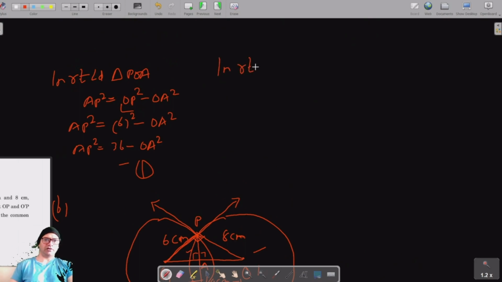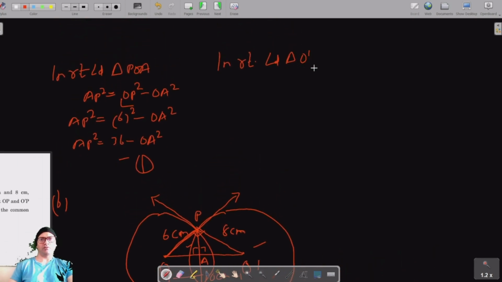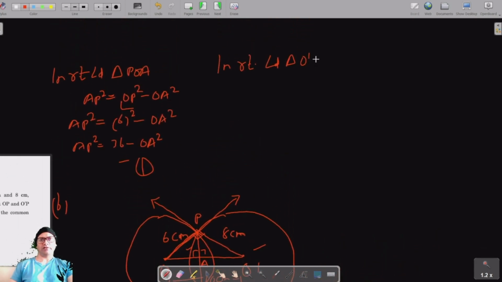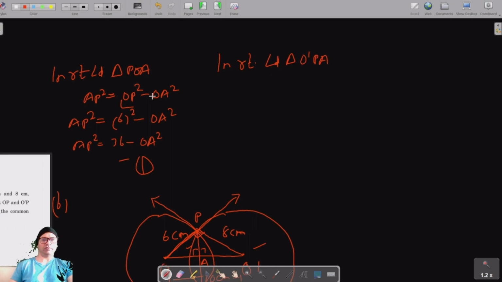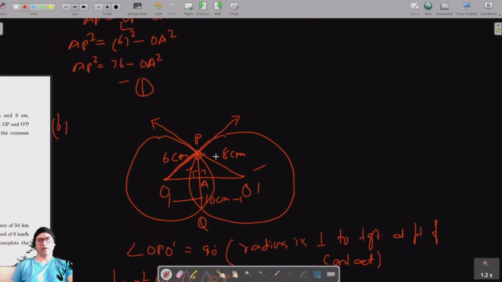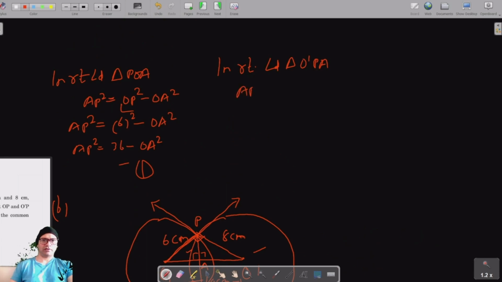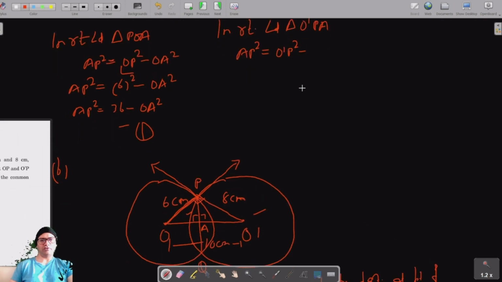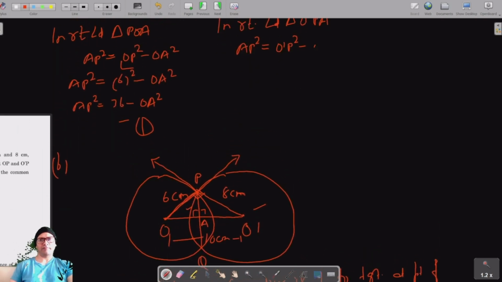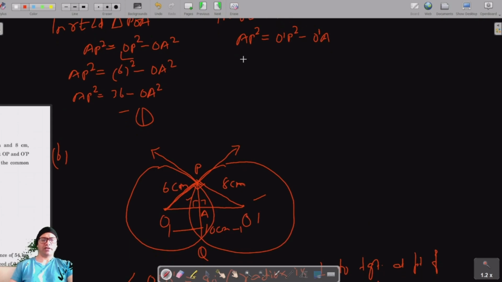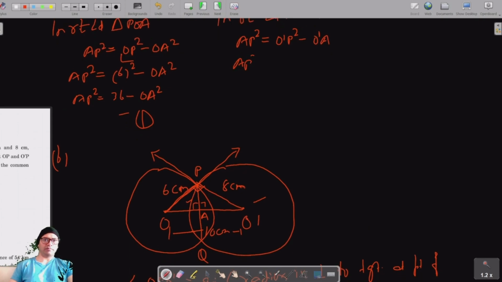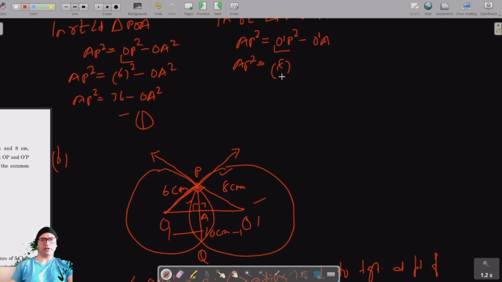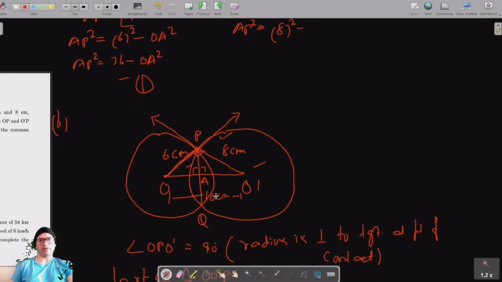Similarly, we can use the right angle triangle O dash BA. We can use the Pythagoras theorem, which gives us AP square is equal to O dash B square minus O dash A square. Now O dash B is 8, so this is 8 square minus O dash A square.